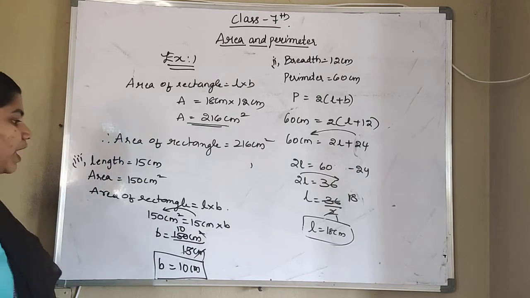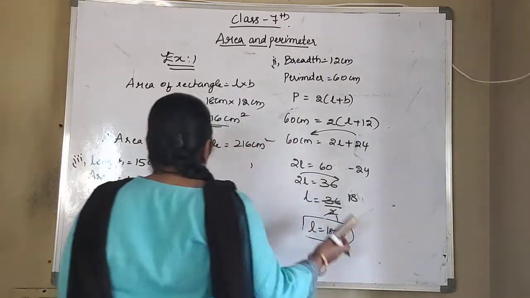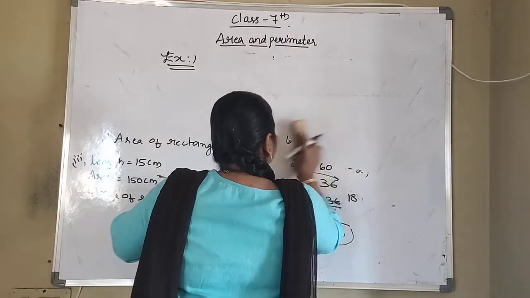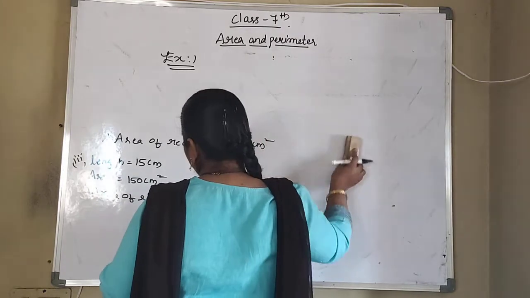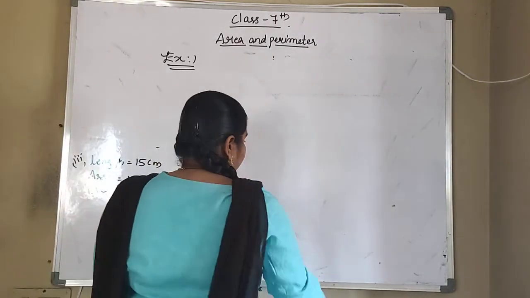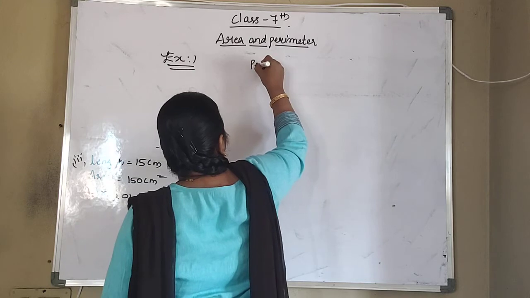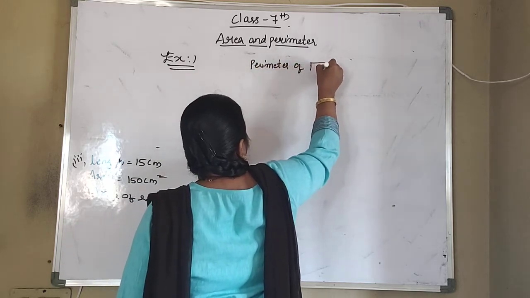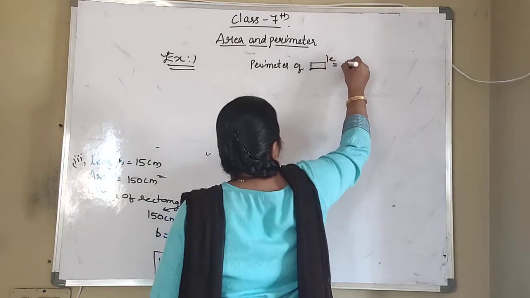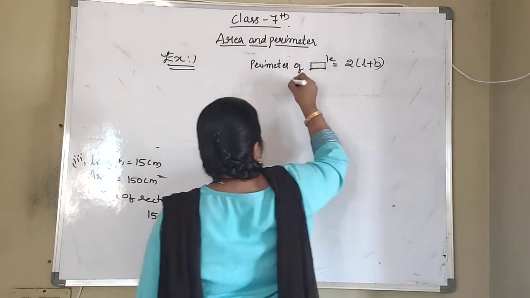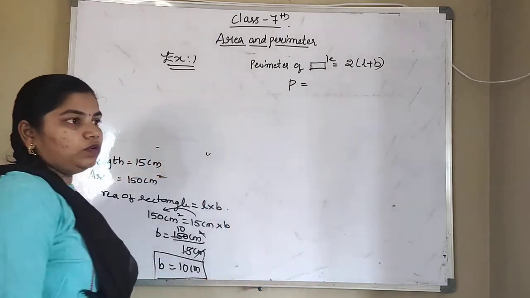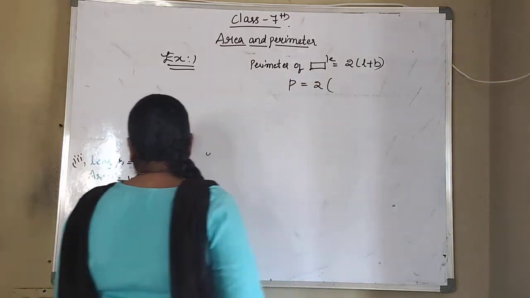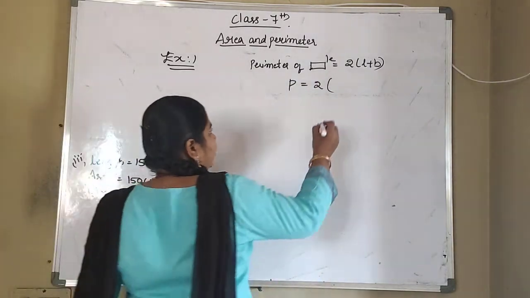By using these two, we have to find the perimeter now. What is the perimeter of a rectangle formula? That is 2 into (L plus B). Perimeter of rectangle is equal to 2 into (L plus B). So we have to find the perimeter value, so I am denoting it as P. So 2 is a constant value. Length value is 15 and breadth value is 10.